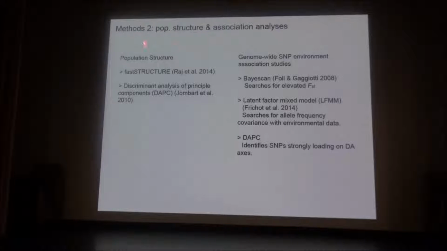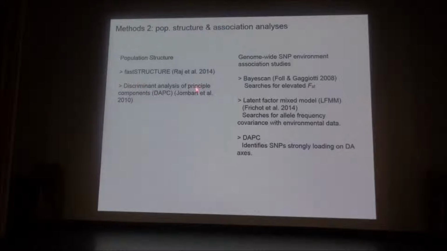So my methods go into two different things: population structure, and then the GWAS, the genome-wide association studies. We use fastSTRUCTURE, which is a maximum likelihood implementation of the popular STRUCTURE program. It's really fast, really easy to use. It takes about 1.5 minutes to run fastSTRUCTURE on our data set of about 100 million pieces of information. We also use DAPC, which is an R package.